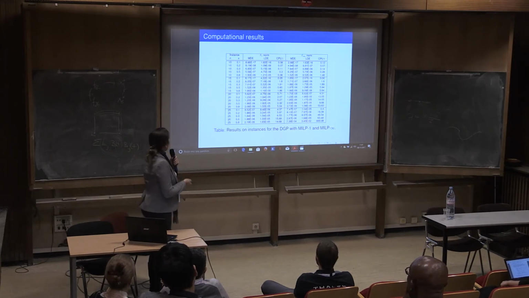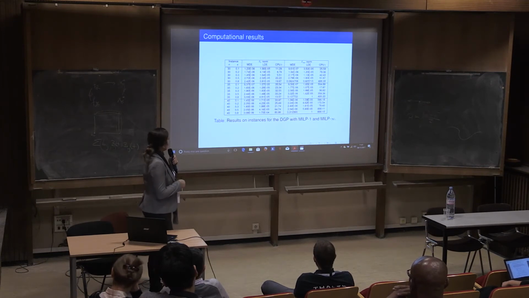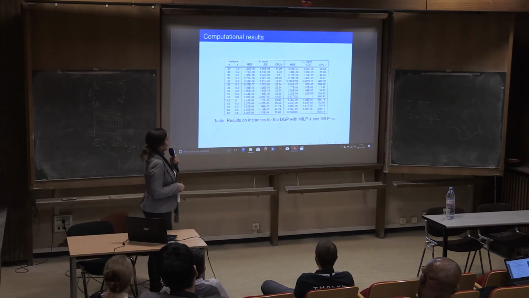If we increase the dimension of the graphs even further and go up to 40, again with the same variability of density, the L1 norm model scales pretty well, while this is not the case for the L infinity norm.